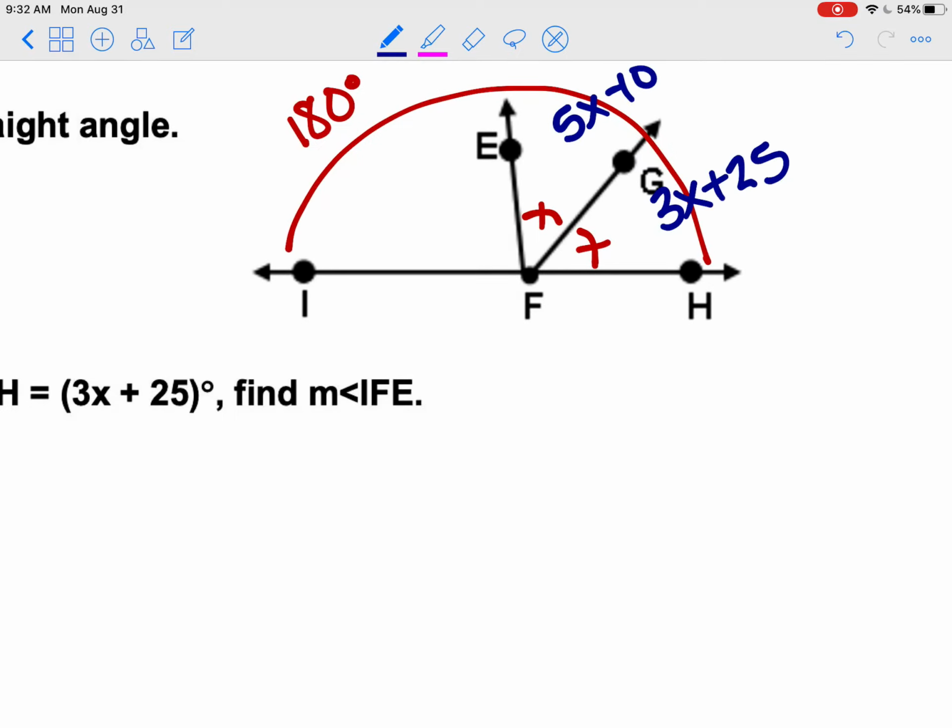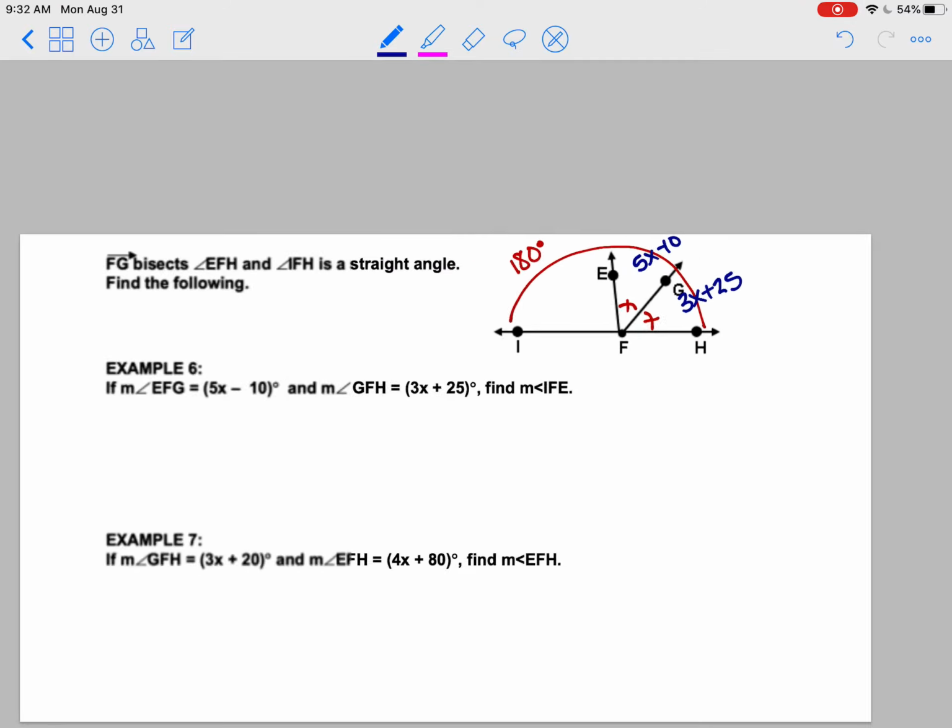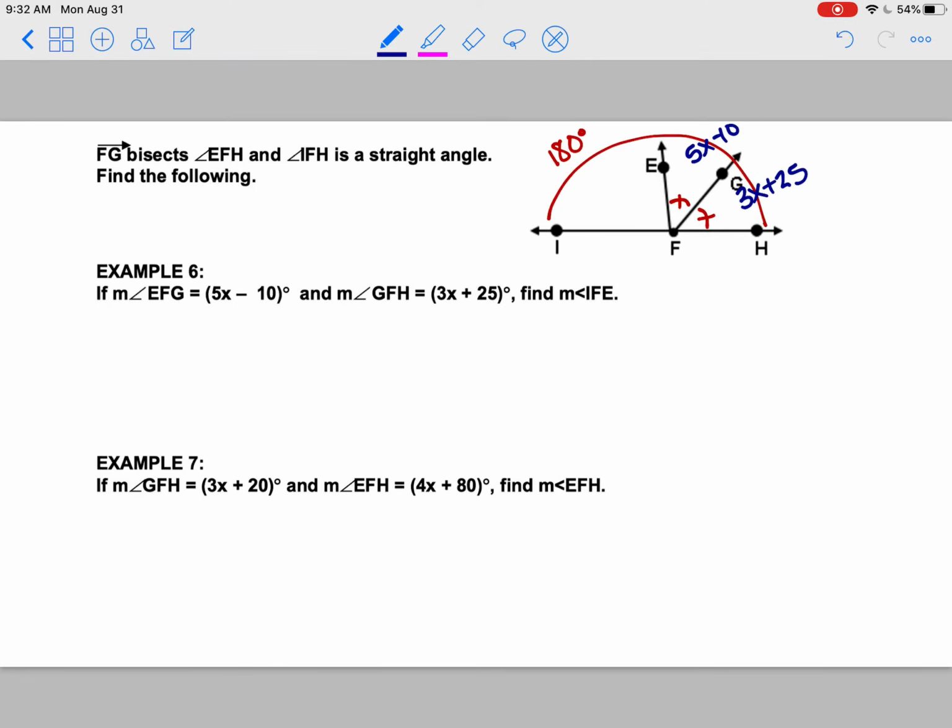Do you notice here that they didn't give us the whole thing of EFH, those two put together? All they're telling us is that they're congruent. So when you just know that two parts are congruent, the way you set that up is part equals part. So we can substitute in and say 5x minus 10 equals 3x plus 25.